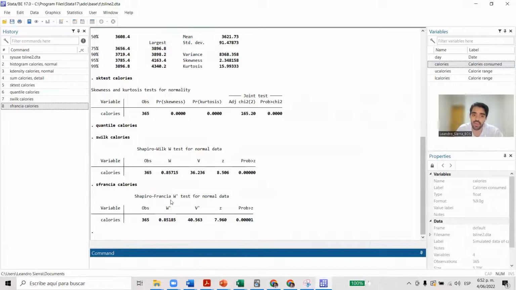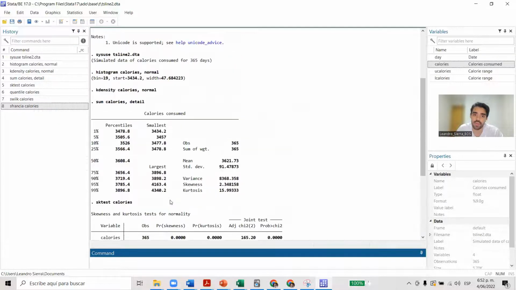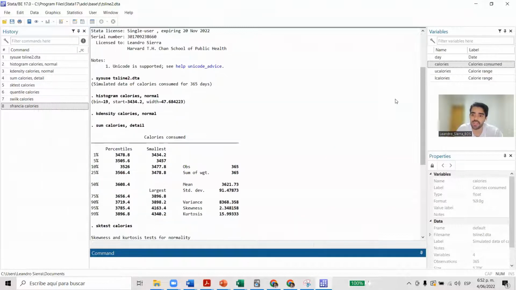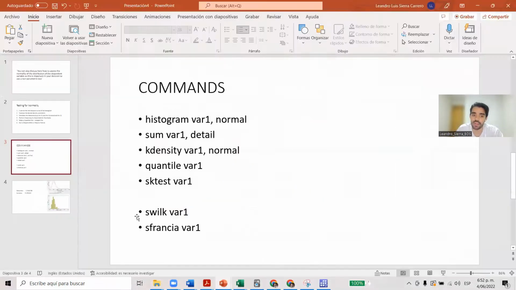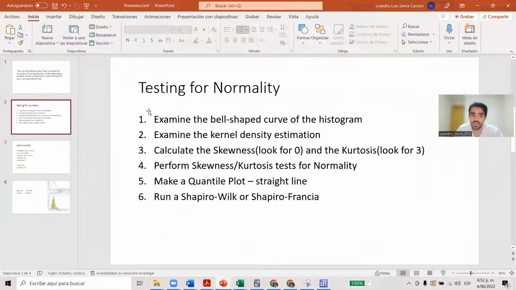So the Shapiro-Wilk and Shapiro-Francia tests told us that this data is not normally distributed. So with all these tests, what we can deduce from our data set is that it was not normally distributed.